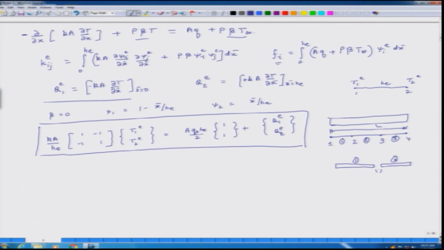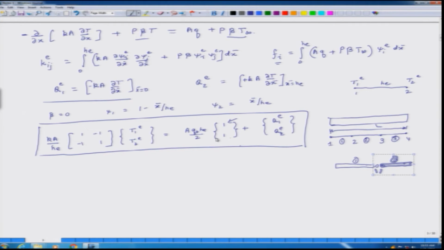So, the heat generated because of Q is expressed here, at node 1 and this is at node 2. So, the total heat which is being generated at this location will be a contribution from this side and a contribution from this side. So, I add up the contributions at the intermediate nodes from 2 elements.